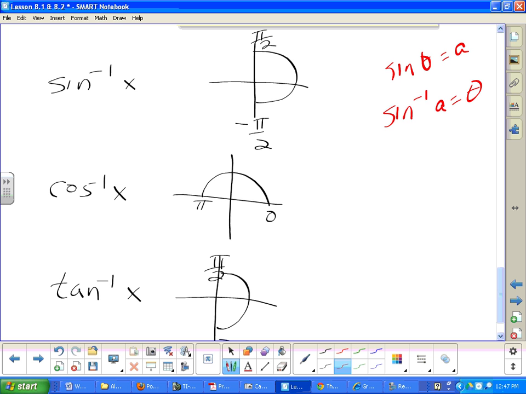Remember, we're switching x and y, switching the domain and range when we do inverses. So when we do sine of an angle, we get a ratio. When we do the inverse sine of a ratio, we're going to get an angle. That's theta.